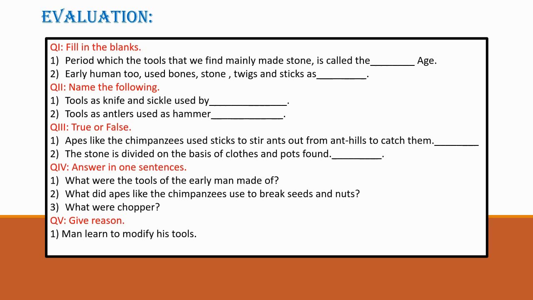With his inborn creativity, he learned that he could sharpen rods, bones, sticks, and stone into tools to carry out their tasks more efficiently. He also learned that he could shape these objects and use them to his advantage. So all these things man learned to modify his tools in the Stone Age period.